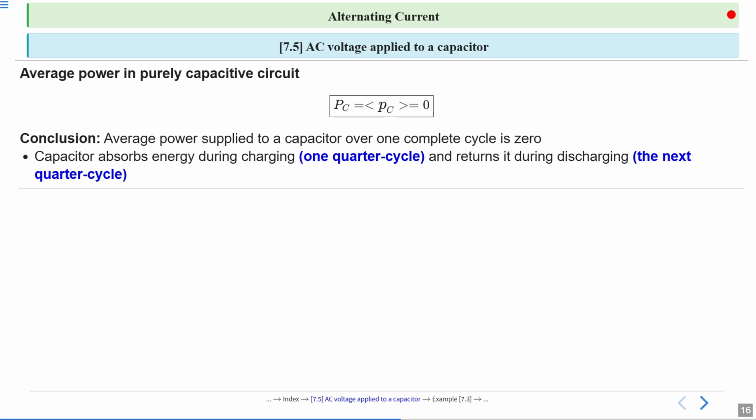Again, when current is decreasing in the negative direction, approaching zero, the capacitor starts discharging. So in a quarter cycle, it will charge and absorb energy. Now it is fully charged. In the next quarter cycle, it will discharge and lose its energy. So the average power supplied to the capacitor over a complete cycle is 0.